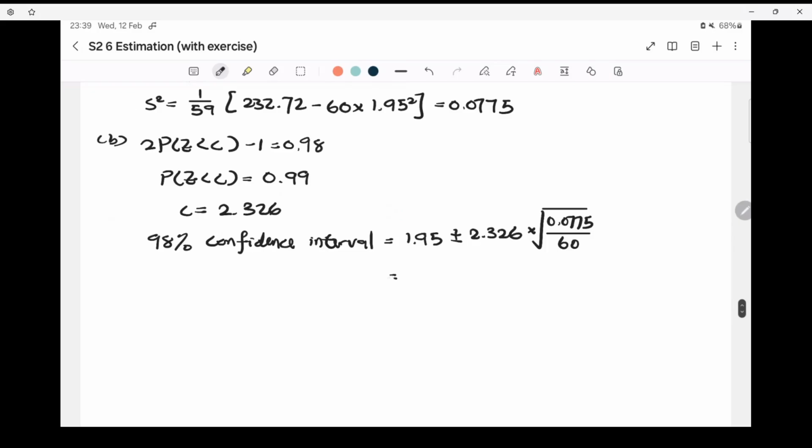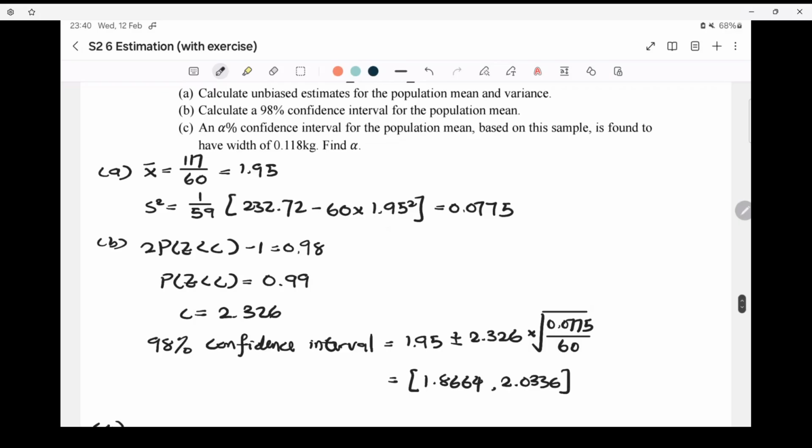So if you calculate this thing out, this is 1.8664, 2.0336. So now, part C.